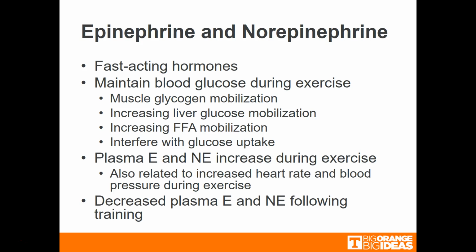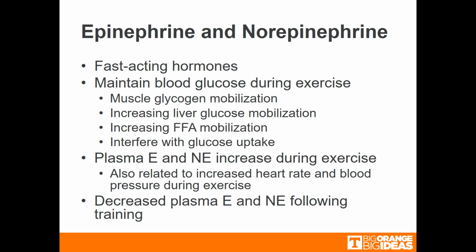So we talked about the gluconeogenesis, and then you have that new glucose being created and pushed out into the blood. You're also going to have an increase in free fatty acid mobilization, and the epinephrine and norepinephrine will interfere with glucose uptake, so they'll counteract that insulin action at the muscle to reduce how much glucose is being taken from the plasma into the muscle.